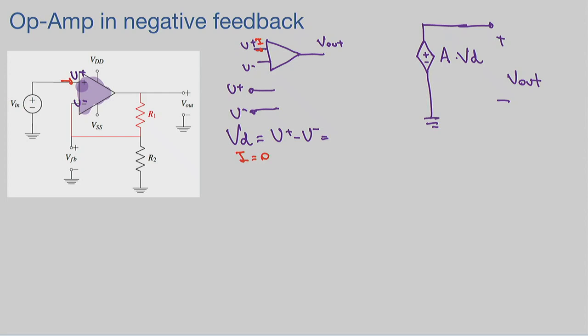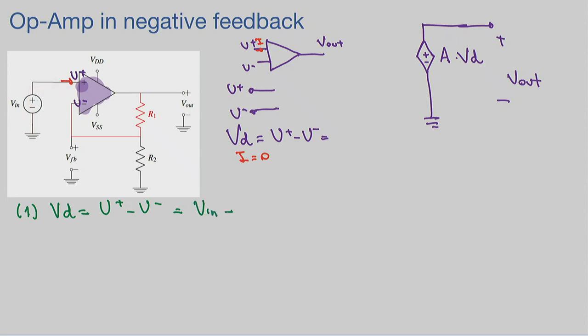Okay, let's do the analysis. Number one analysis we already have done, which is VD, the voltage differential, is U plus minus U minus, which is going to be, what's U plus? V in.